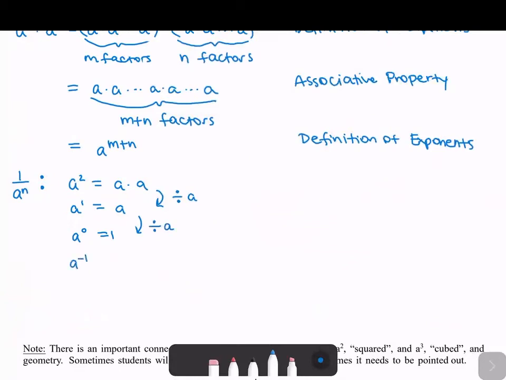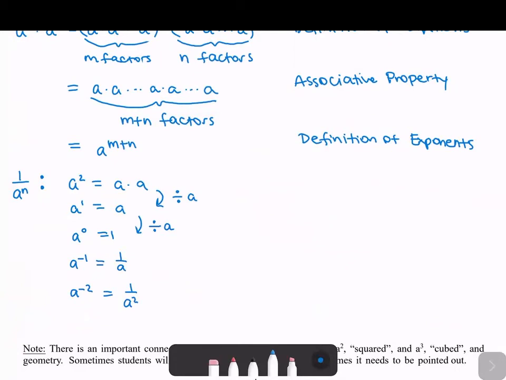So then if this pattern continues, which it should, then we have a to the negative 1 is 1 over a. We divided 1 by a, and a to the negative 2 is 1 over a squared, again dividing by a.